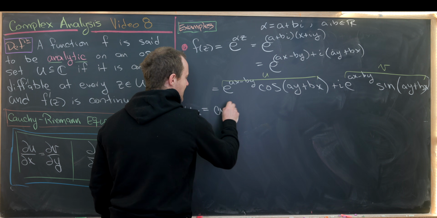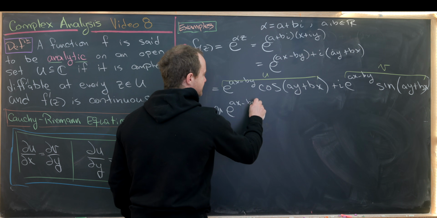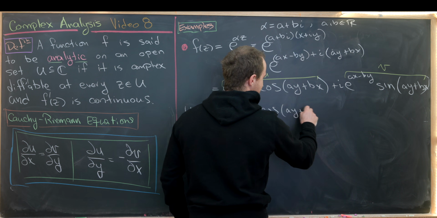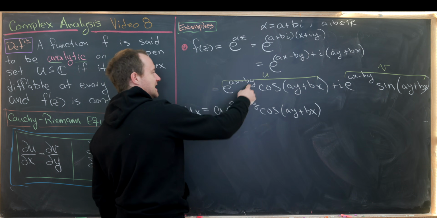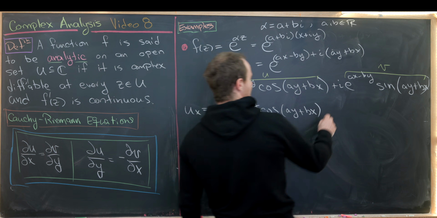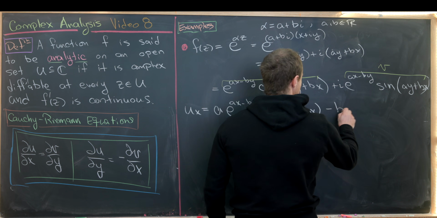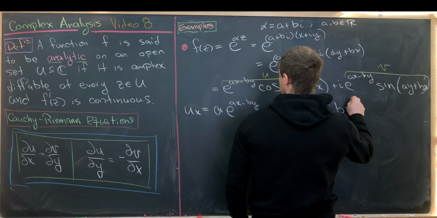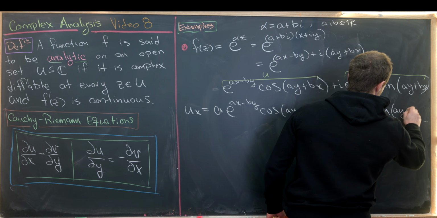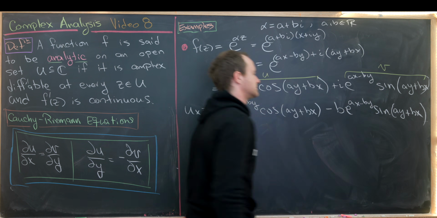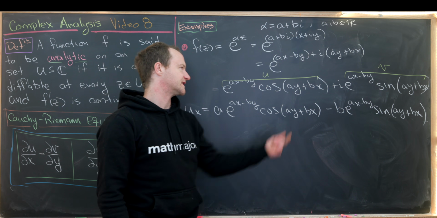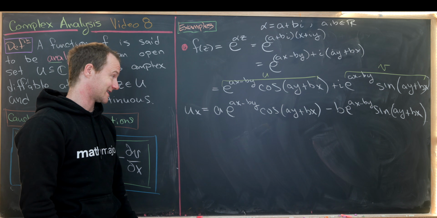So we'll have a e to the (ax minus by) times cosine of (ay plus bx). That's taking the derivative of the exponential, holding the trigonometric part constant. And then we'll have minus b times e to the (ax minus by) sine of (ay plus bx). That's taking the derivative of cosine, which is minus sine. We get the b out because we're taking the derivative with respect to x.